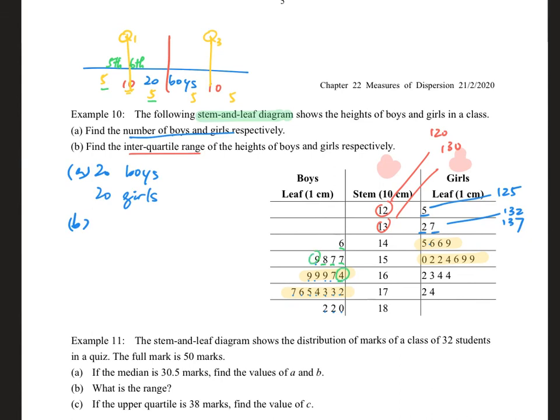These are the 5th and 6th data, which give you Q1. On the other side, for Q3, there are 5 boys on the right. You count 20, 19, 18, 17, 16, so it is the 16th data and the 15th data. That's how you find Q3.